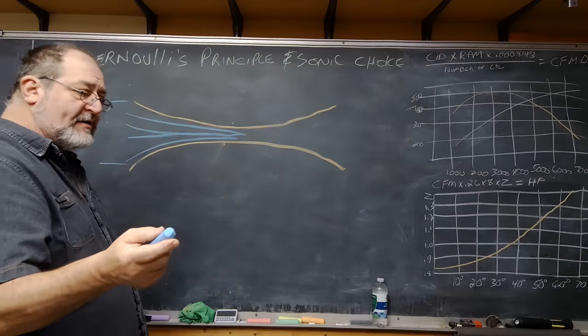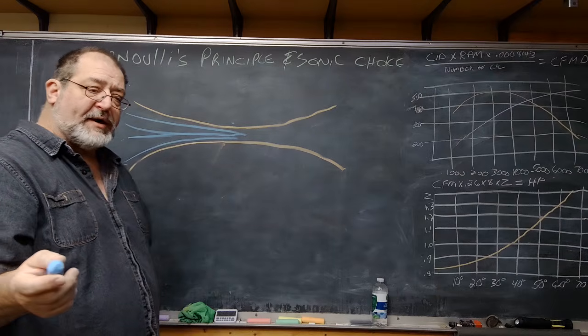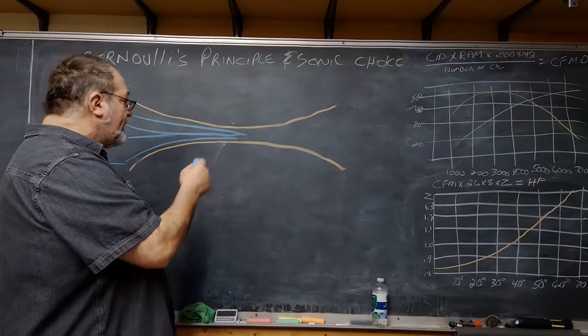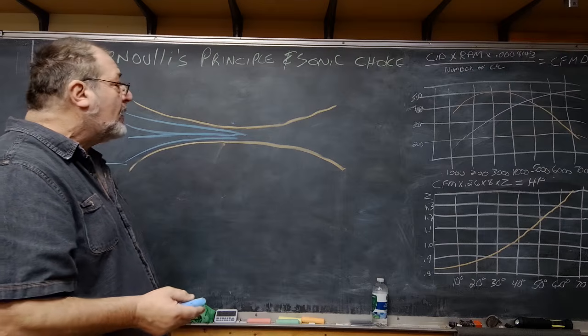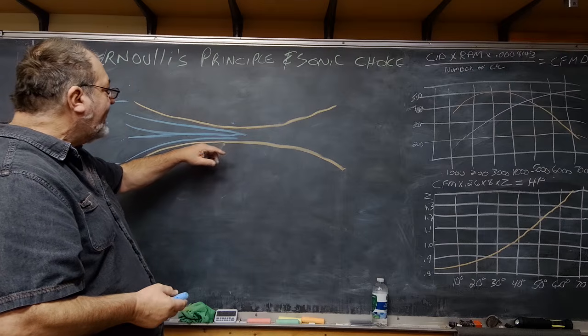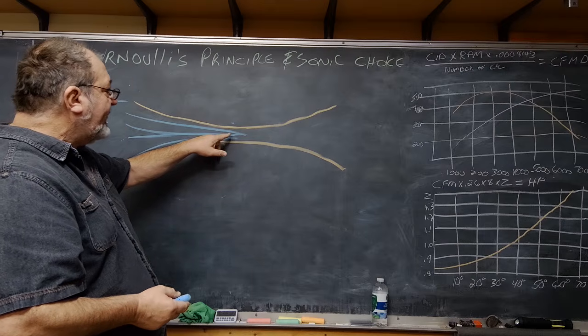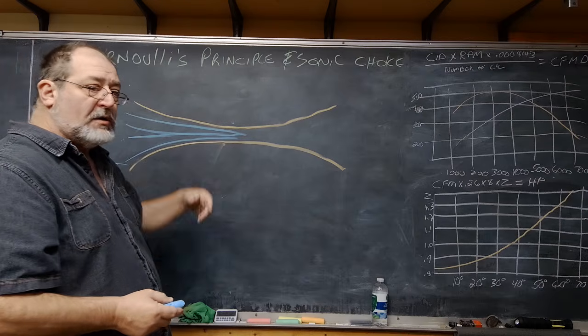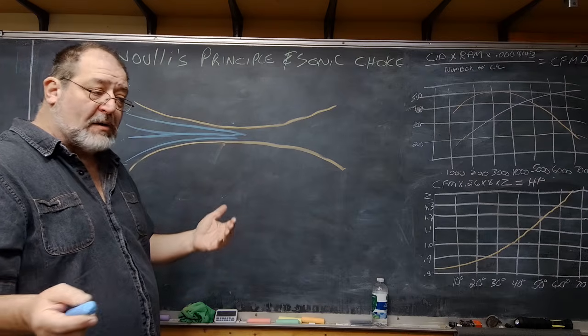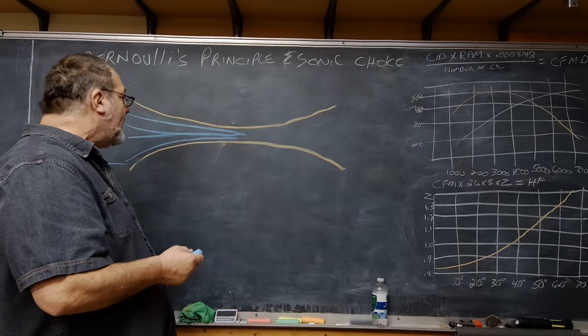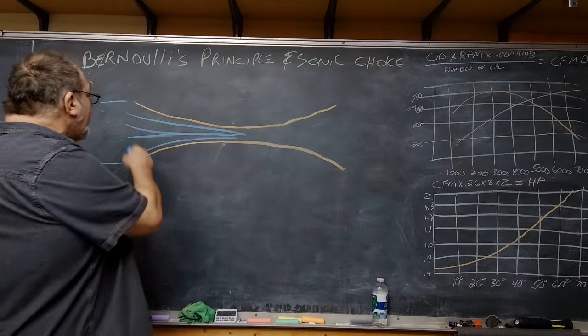Now, in a standard Venturi, we use Venturis in cars all the time. One of the prime examples would be a carburetor. We use this basic idea of this increased airspeed to draw fuel in on a carburetor to make a carburetor work. But in this case, I'm talking about a port.